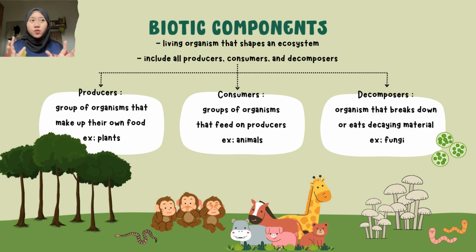Producers are a group of organisms that make their own food, for example, plants. While consumers are a group of organisms that feed on producers, such as animals. Decomposers are organisms that break down or eat decaying material, for example, fungi, algae, and bacteria.